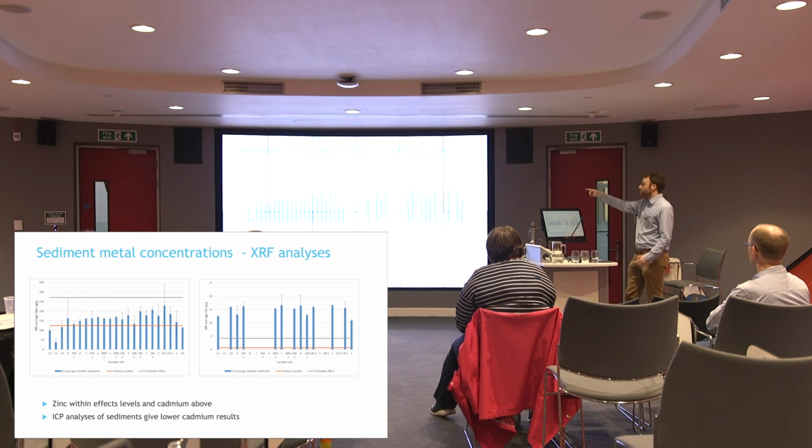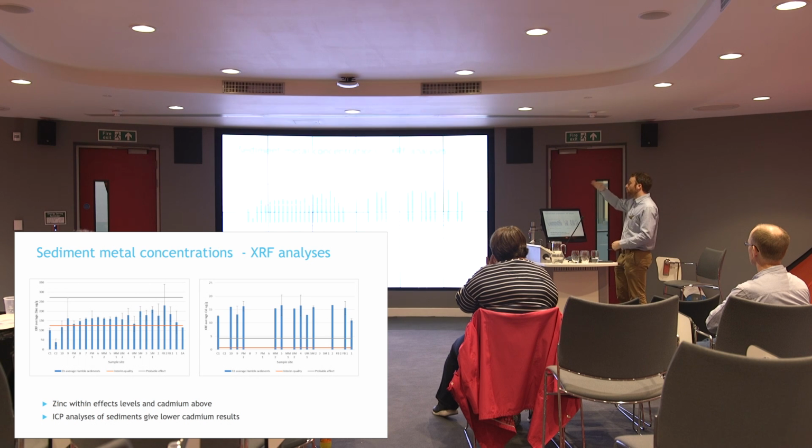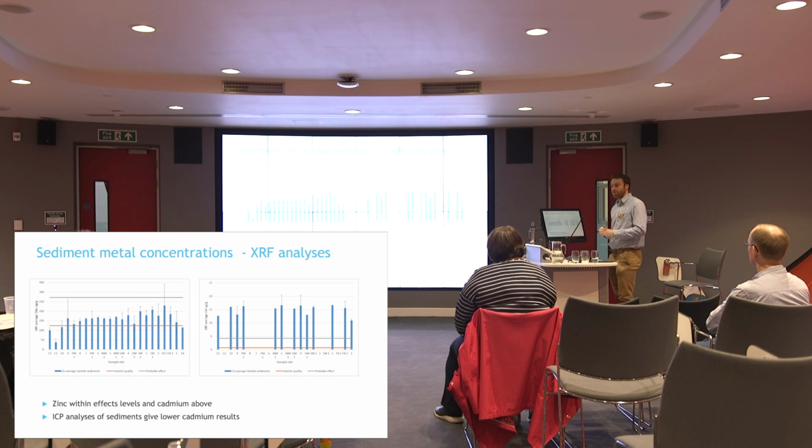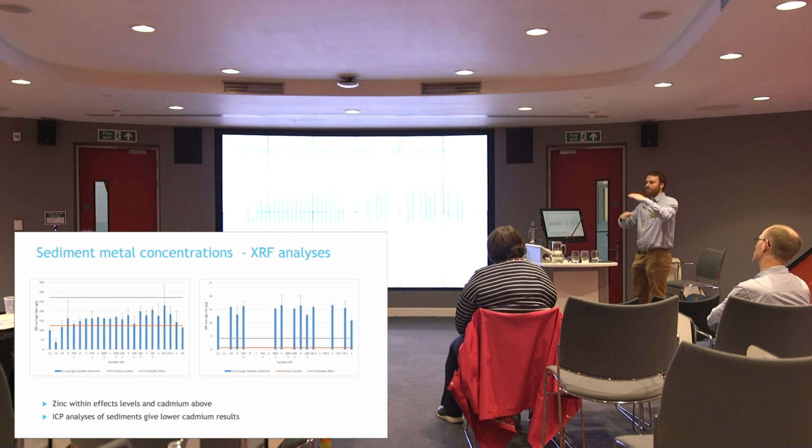And we have an interim level, where anything above this is likely to have some impact on marine life, then a probable level, and anything above that probable level is highly likely to have an impact on marine life. If you look at the zinc for the Hampshire, it is consistently below this line, so it's on the border of potentially having an impact on marine life.